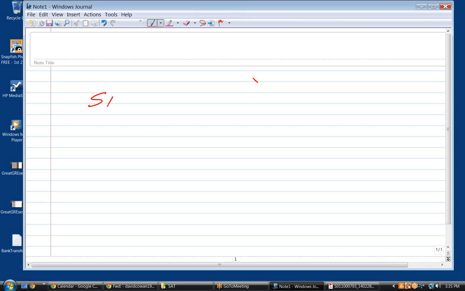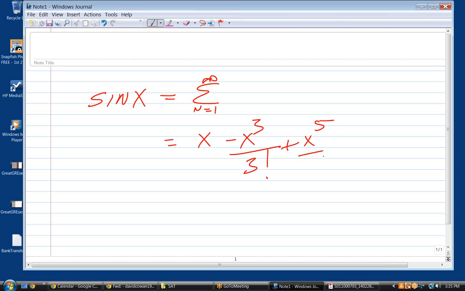If we say that the sine of x is equal to this series, or better yet, let's define it like this. What is it? You have it memorized? It's x minus x cubed over 3 factorial plus x to the 5 over 5 factorial and so on.